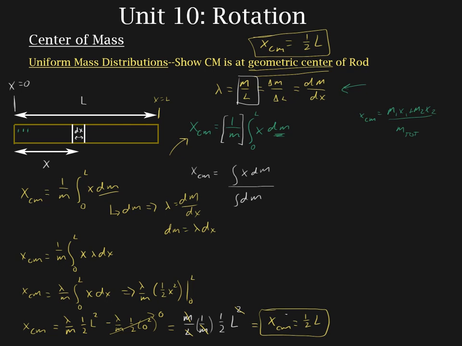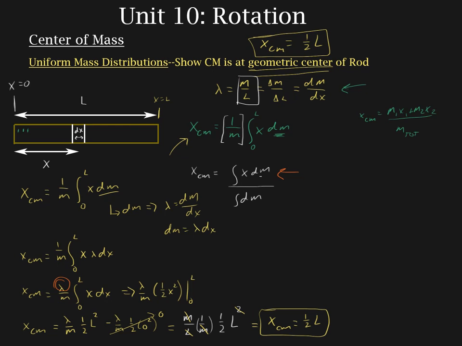Now, there is a slightly alternate version of solving this, and so I want to take a look at that now. In this case, we used the first form of the equation for determining center of mass, but I want to use this other equation here because you might find that it's a little bit less troublesome for you. For example, you might forget about that lambda and how to deal with it.